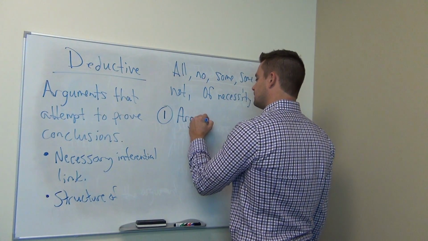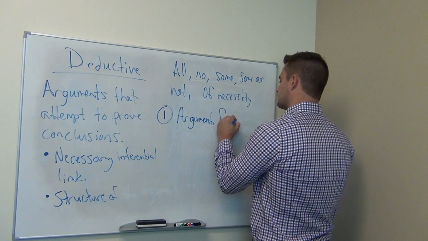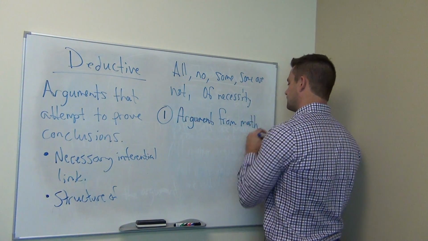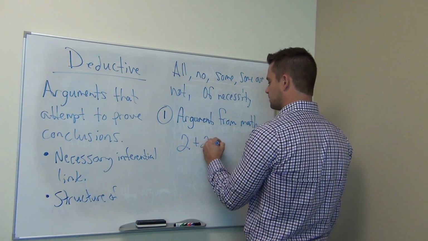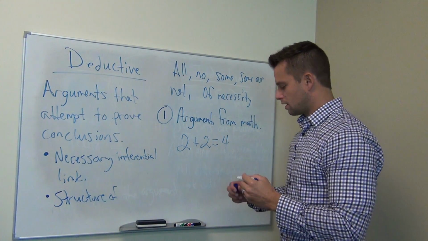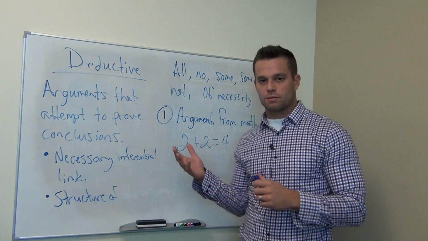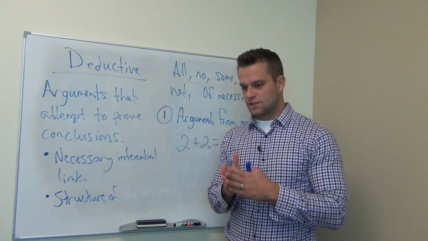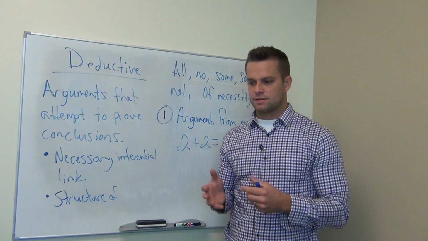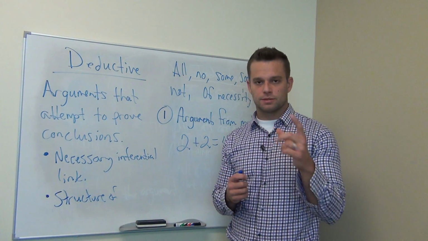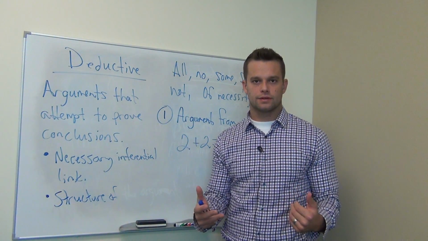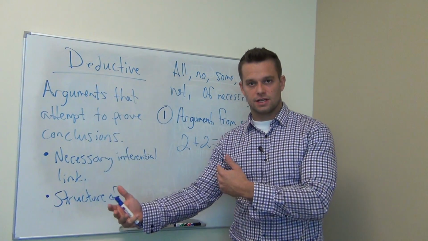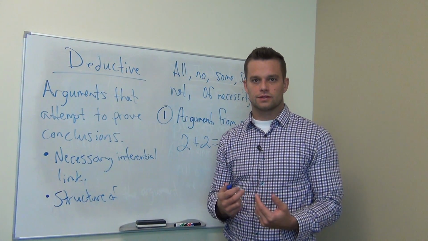So, mathematical arguments. 2 + 2 = 4. Or you might remember from geometry, the side-angle-side theorem: if two sides and the angle between those sides are congruent in two triangles, then of necessity those two triangles are congruent.